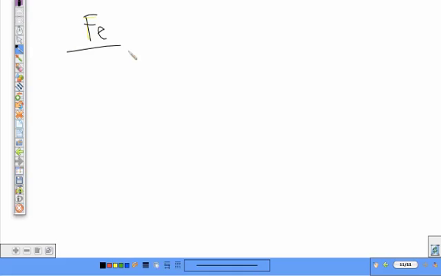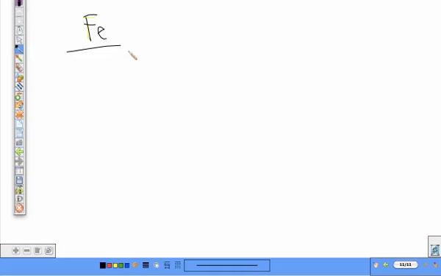Now, when is the first time that we run into a D sublevel? What energy level? If n equals 1, we can have just an S. If n equals 2, we can have S and P. When n equals 3, we can have S, P, D, right? So the first time we have a D sublevel is in the third energy level. So our D sublevel here is going to be a 3D, because that's the first time we have a D sublevel.